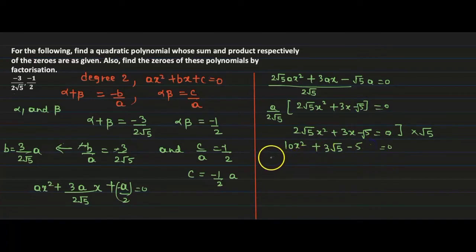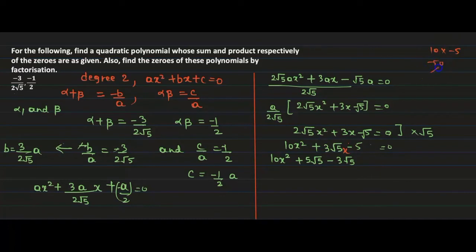Now let's solve this quadratic equation. So it will be 10x square plus 5 root 5 x minus 2 root 5 x minus 5. How did this factor come? Now let's come over here. I need to find the factors by multiplying a and c, that is 10 into minus 5. This sign shows the operation, this sign shows the actual value. So this is minus 50.